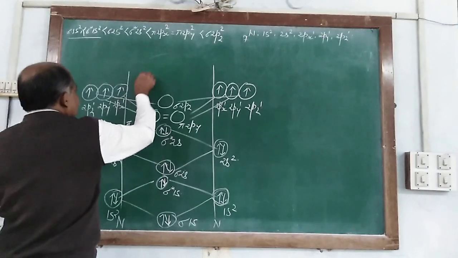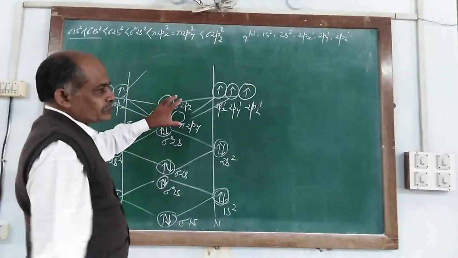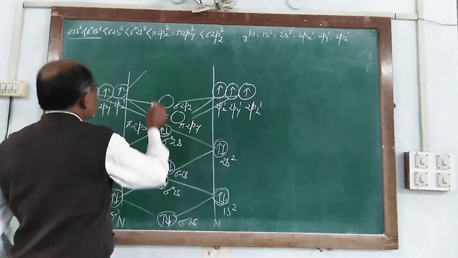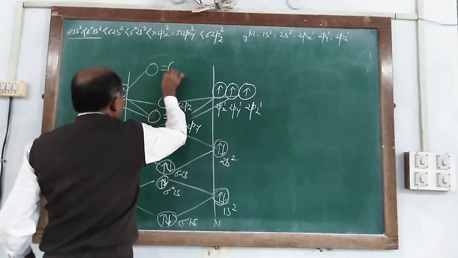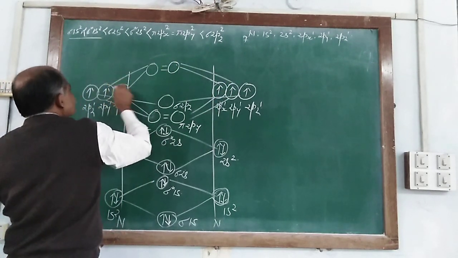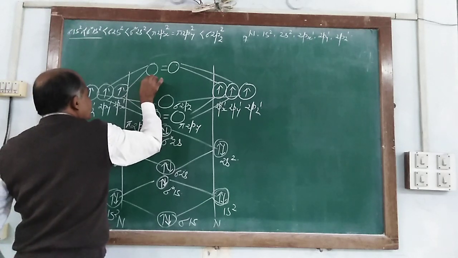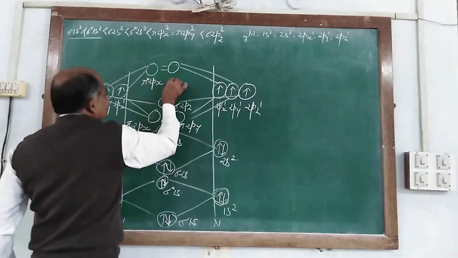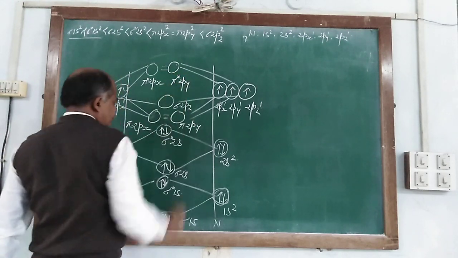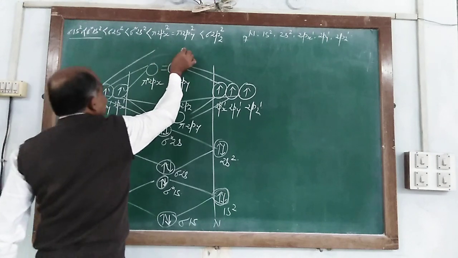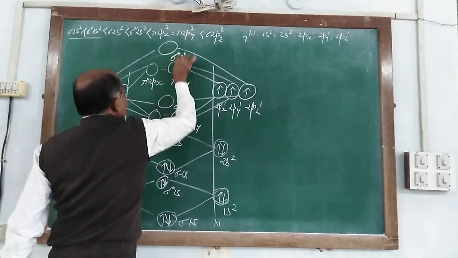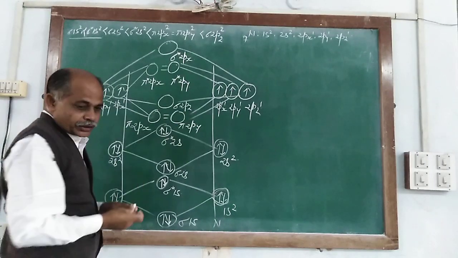So it forms 3 bonding molecular orbitals and 3 anti-bonding molecular orbitals, assigned as pi star 2px is equal to pi star 2py, and sigma star 2pz.